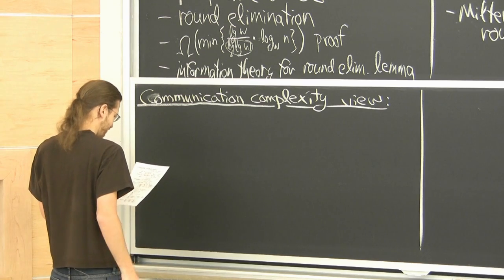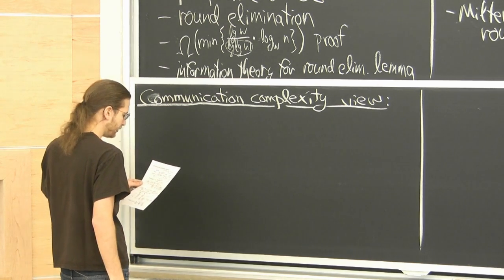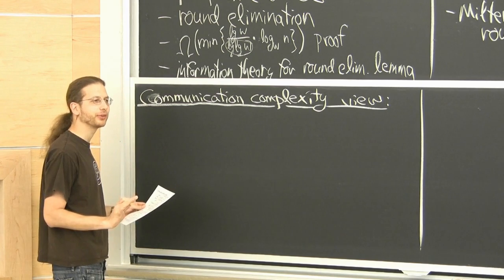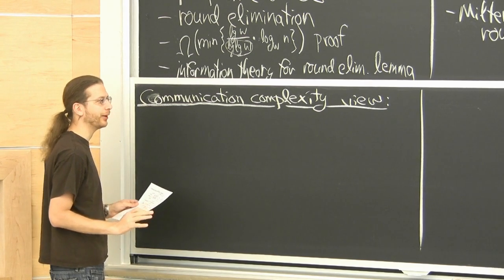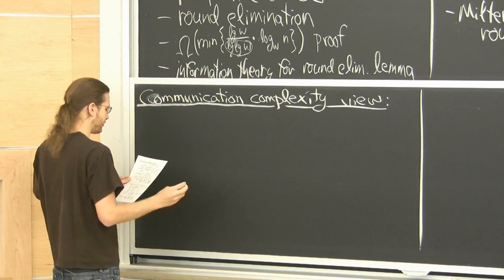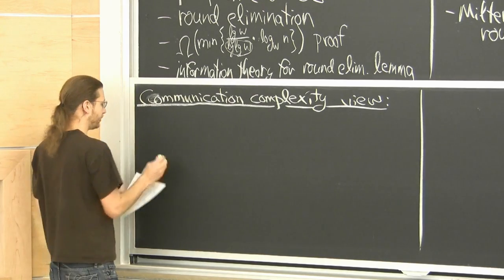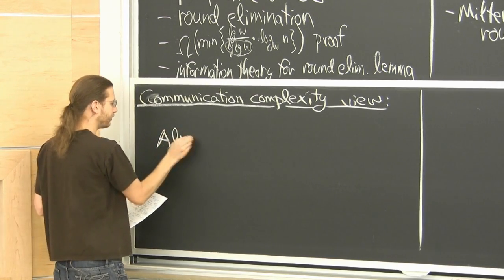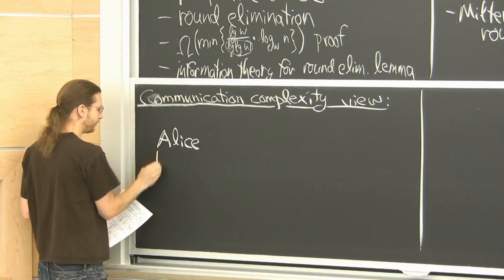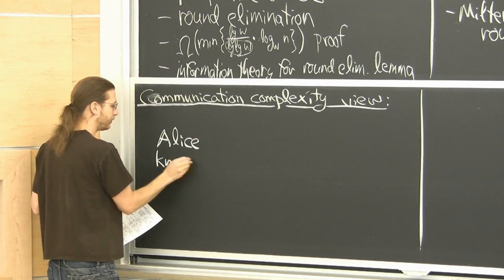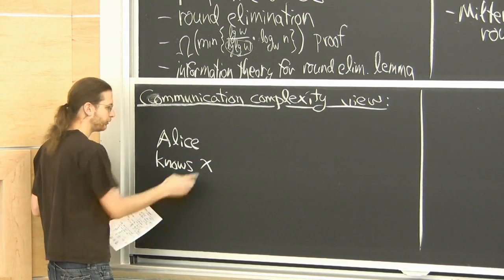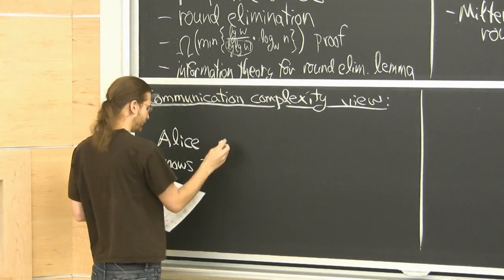Why don't I tell you the generic communication complexity picture of Alice and Bob, and then I'll tell you how it relates to data structures. They're both simple. So let's say Alice is one person who knows some value x.